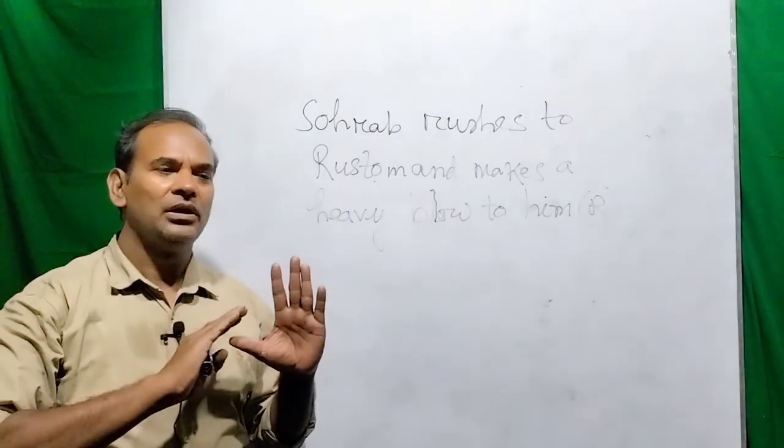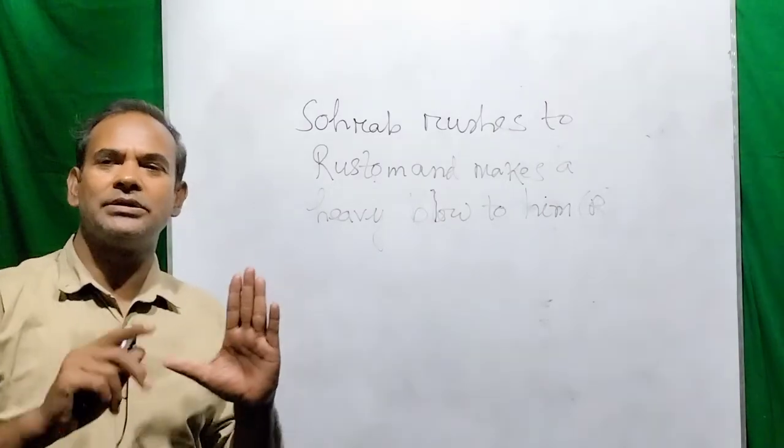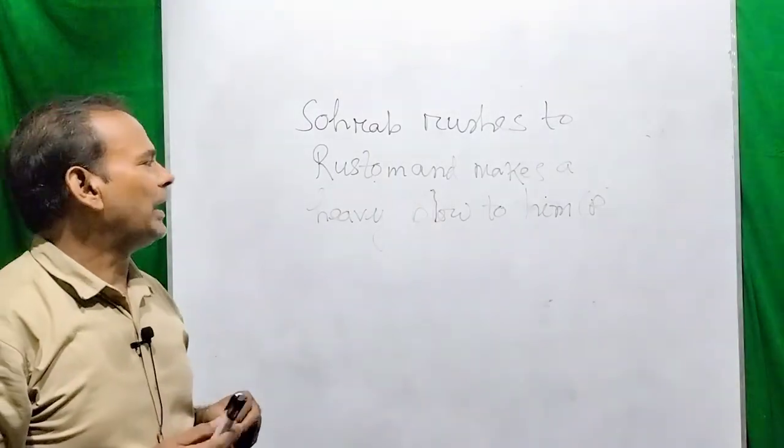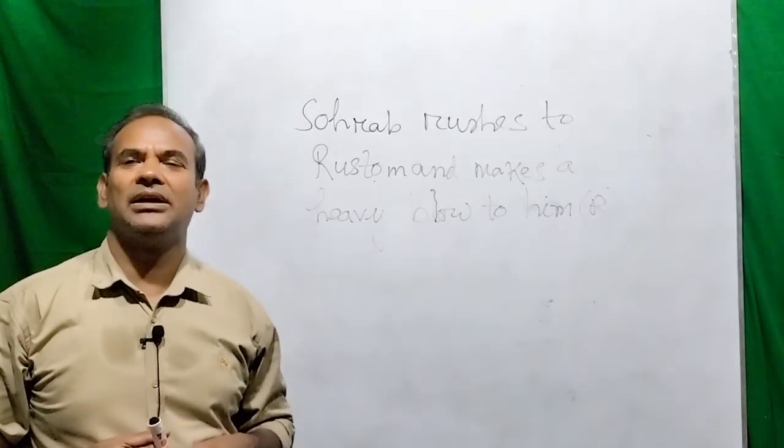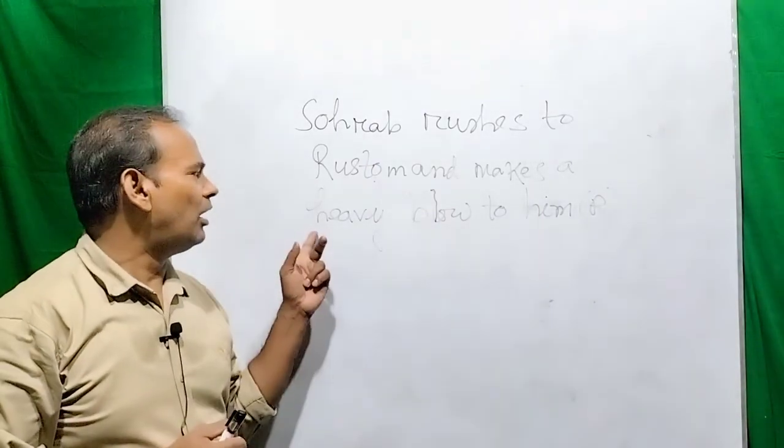Shohrab goes forward to Rustam and makes a heavy blow. This is a narrative of the past time.